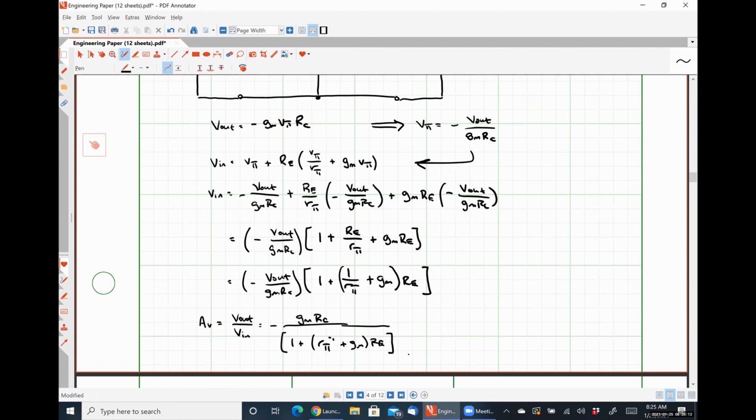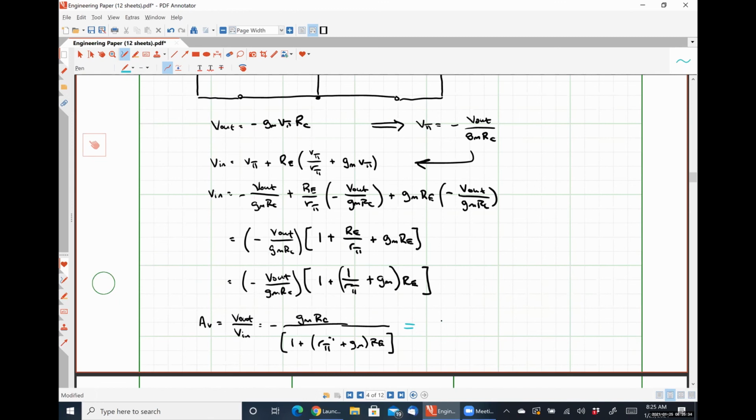All right, so I'm going to do this in a different color. This is a manipulation that we're going to use in a couple of minutes, and so I'm going ahead and going to point it out right now.